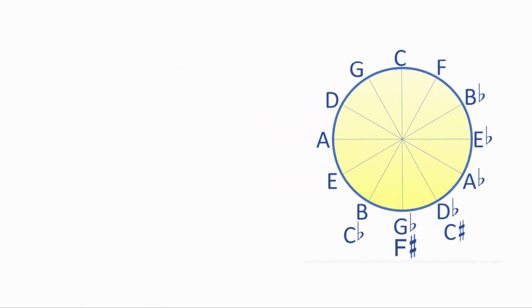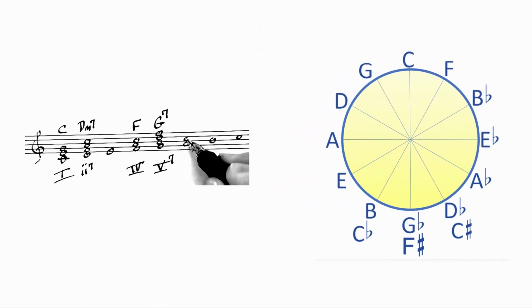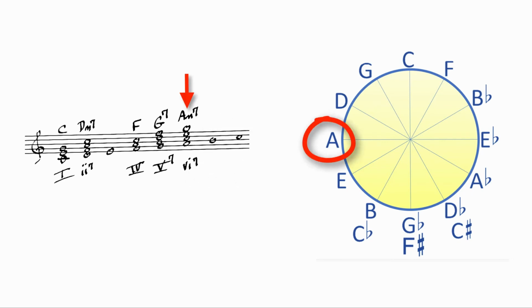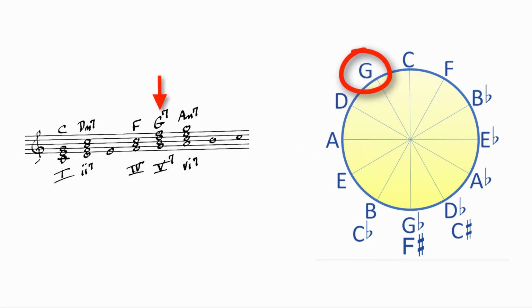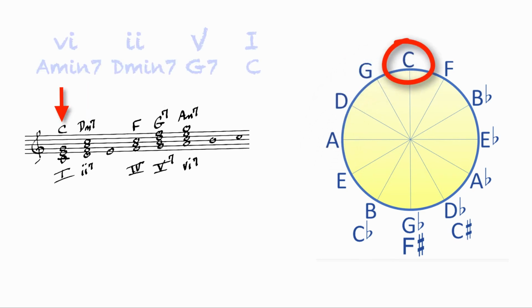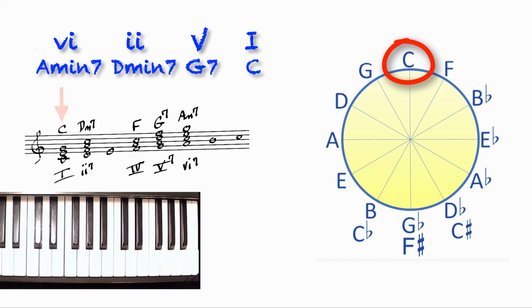Let's extend a bit further by adding the 6th chord, A minor 7, in the key of C. If we plot this out on the circle of fifths, we get the progression A minor 7, D minor 7, G7, C. It's a 6-2-5-1 progression. I'm sure that you've heard this sound in many songs.